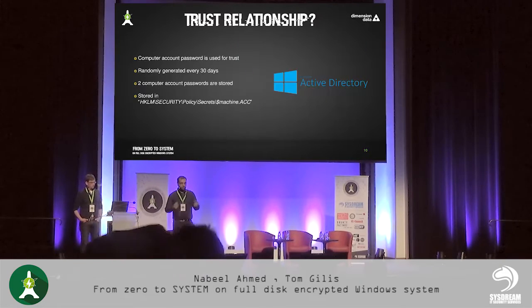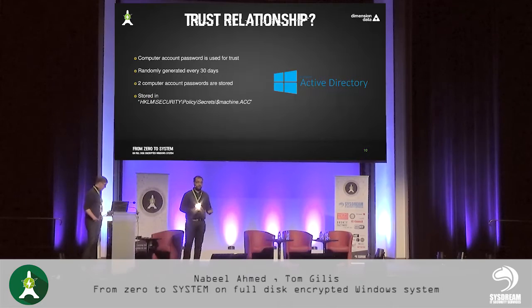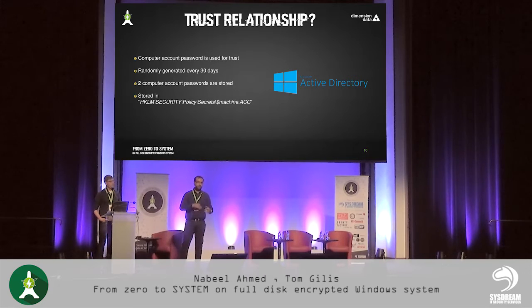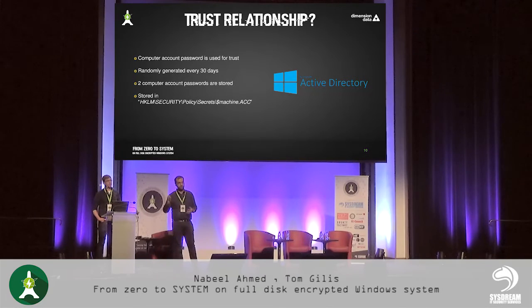Also a little bit about trust relationship, what it is and what it's used for. Every machine has a computer account password. It's used to verify the trust between a domain controller and a client. It's randomly generated every 30 days, and two versions of the password are stored on the client side: an old value and a new value.